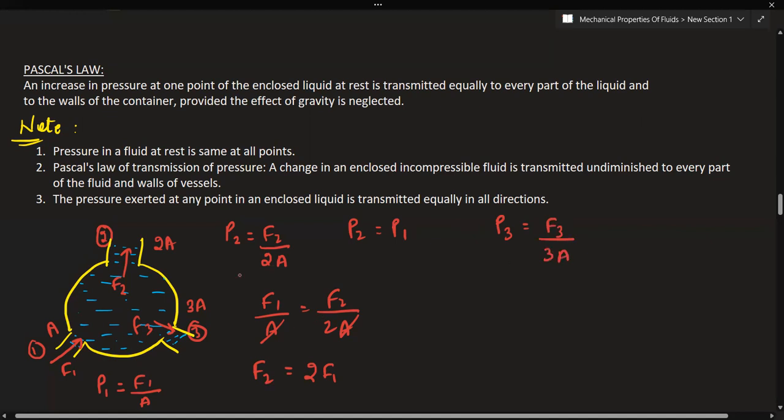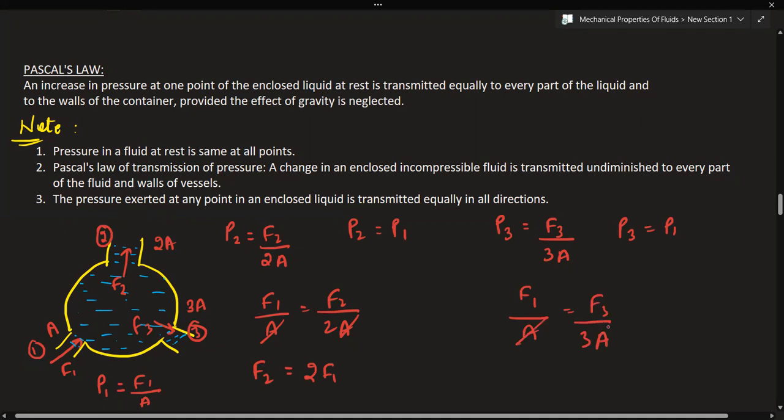Now again, according to Pascal's law, this change in this part of the fluid is transmitted undiminished to every part. So if it has been transmitted to the second end, then it would also get transmitted to the third end. So P3 would also be equal to P1. So what would it be? F1 divided by A is equal to F3 divided by 3A.